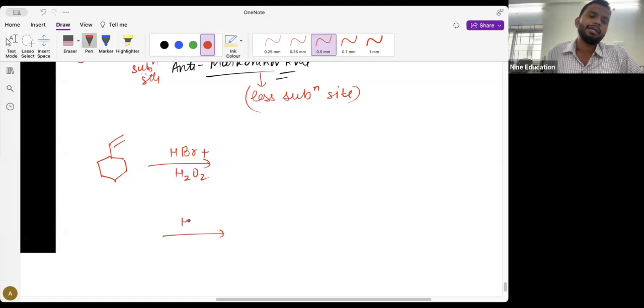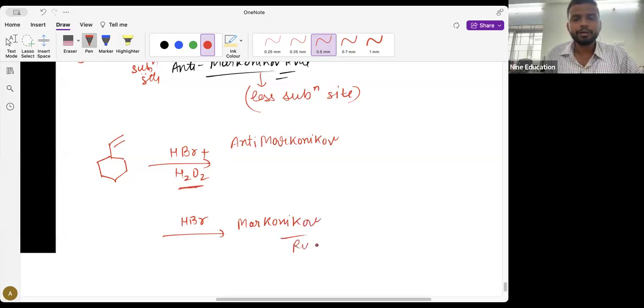Done. And another we have simple HBr. If we have H2O2 के साथ है, तो आपको तो ये पता है, ये तो पेरोक्साइड है. अगर ये पेरोक्साइड है तो यहाँ पर एंटी मार्कोनिकॉफ होगा. अगर पेरोक्साइड नहीं है, सिंपल HBr है, तो यहाँ पर तो मार्कोनिकॉफ होगा.